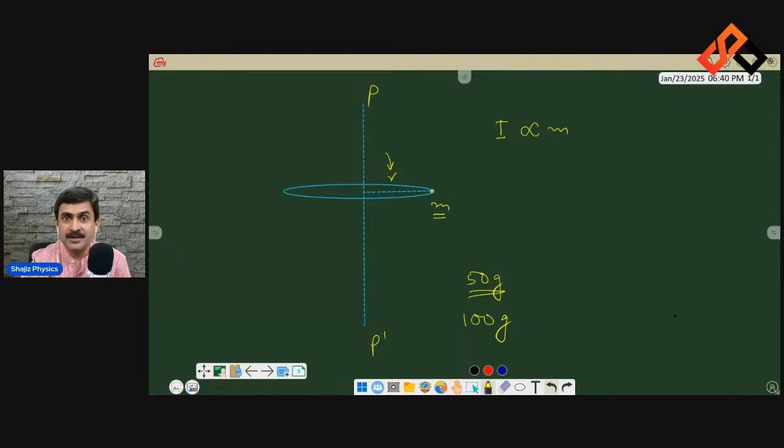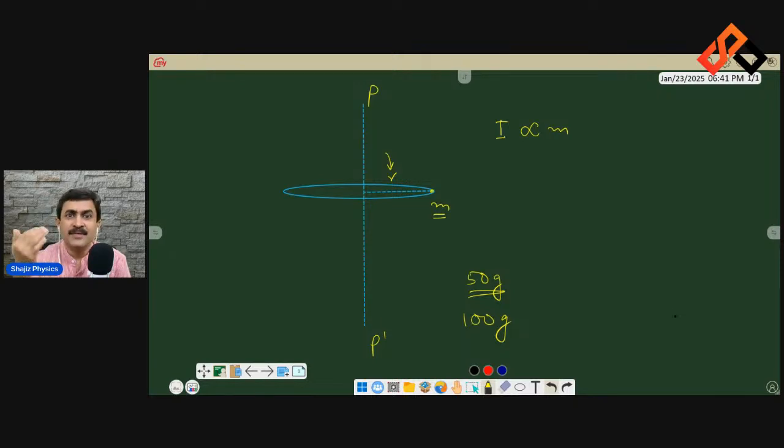So you measure the time taken for the object to come to rest after you stop applying the force. You will find that the time taken will be double in the case of 100 gram mass when compared to 50 gram mass.